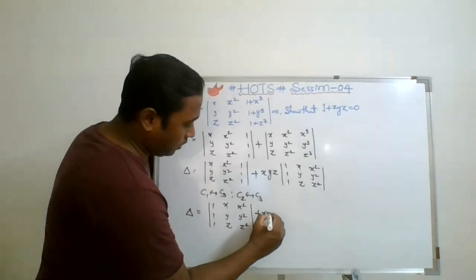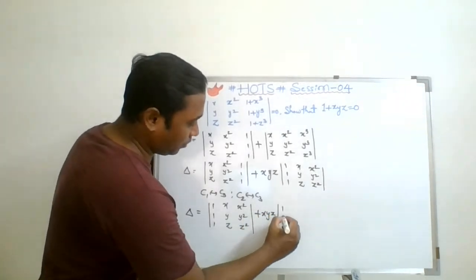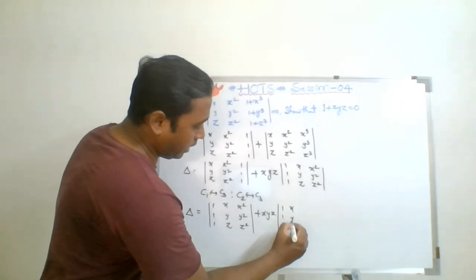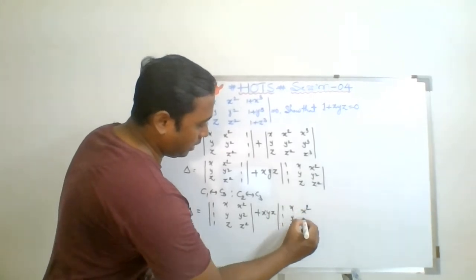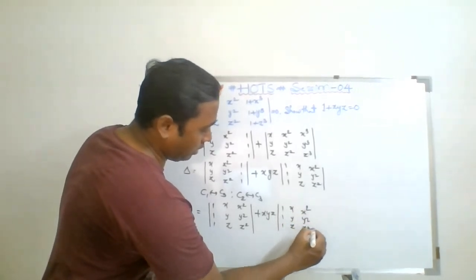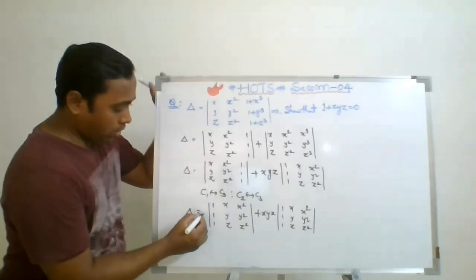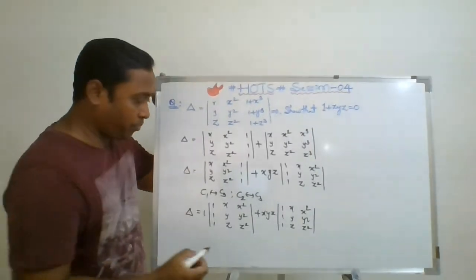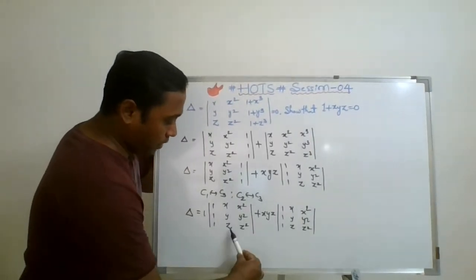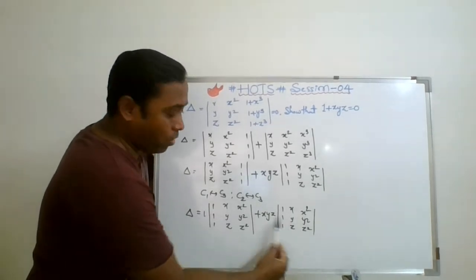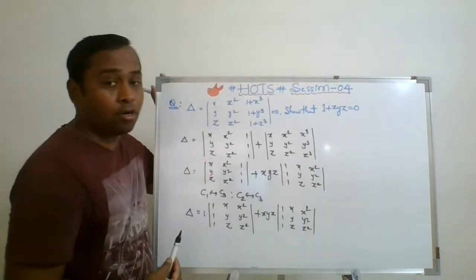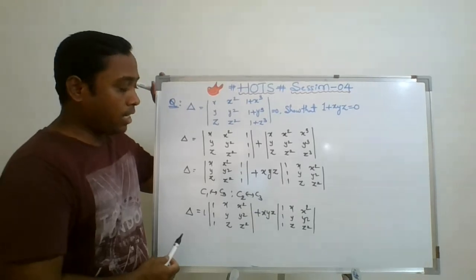So what is left? 1, 1, 1, x, y, z, x square, y square, z square. Now if we observe, this determinant is common, so I can take this determinant as a common factor. Why can I do this?